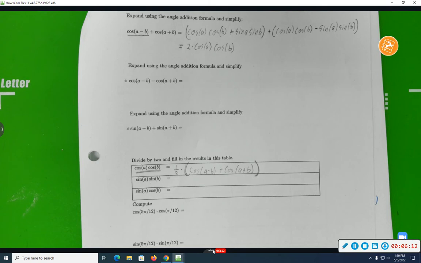Cool. So now that we have the angle addition formula for sine, do you think both of the next two things are easy to work out? Nice. Cosine a minus b, cosine a plus b. Sine a minus b, sine a plus b.